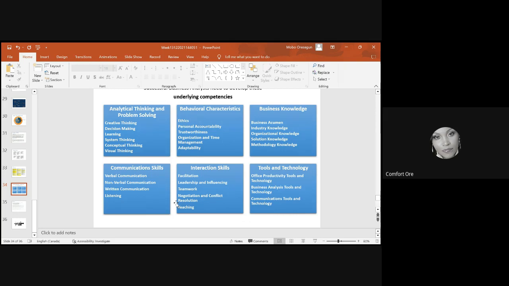So you're coordinating surveys or focus groups, or within a team, leadership and influencing, negotiating and conflict resolution, being able to teach. Once a solution is effected, you also have to teach the support team, because you are part of that solution from get-go. You need to teach them how to operate the solution.